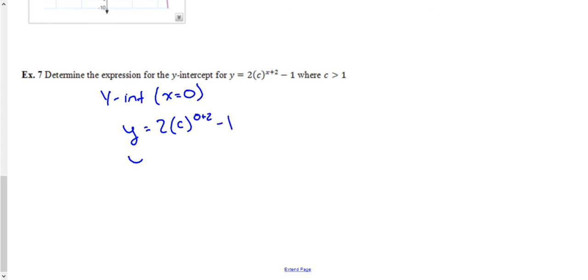Cleaning that up, we have y equals 2c squared minus 1. And so this expression here is now my new y-intercept, because you have 0 for x, and this expression here for y.